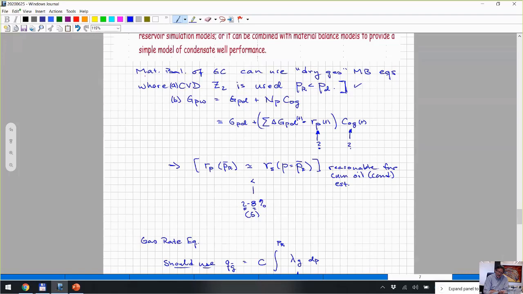But did anybody else use MBAL for gas condensate and can verify whether this is actually being used in MBAL? That you read in the solution oil-gas ratio as a function of pressure, and that it applies this approximate assumption here.